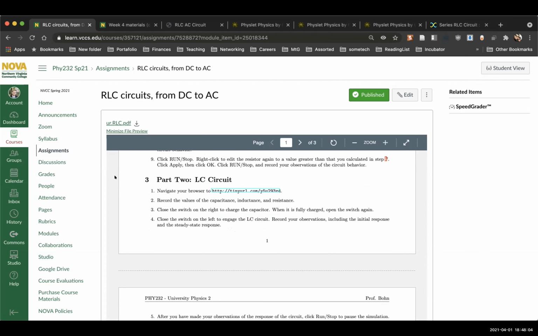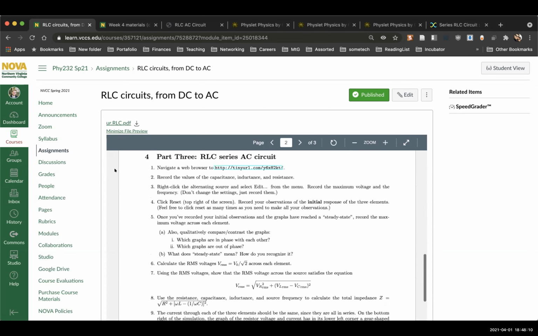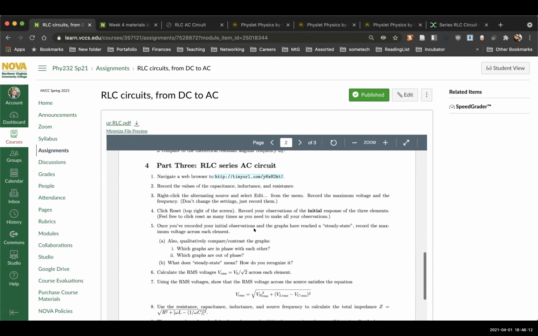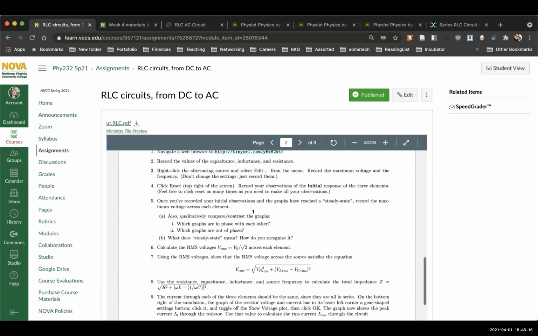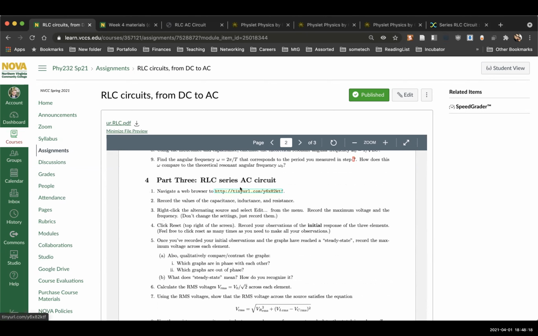We additionally examined the case where the resistor is absent, and then the third circuit we looked at was this one.